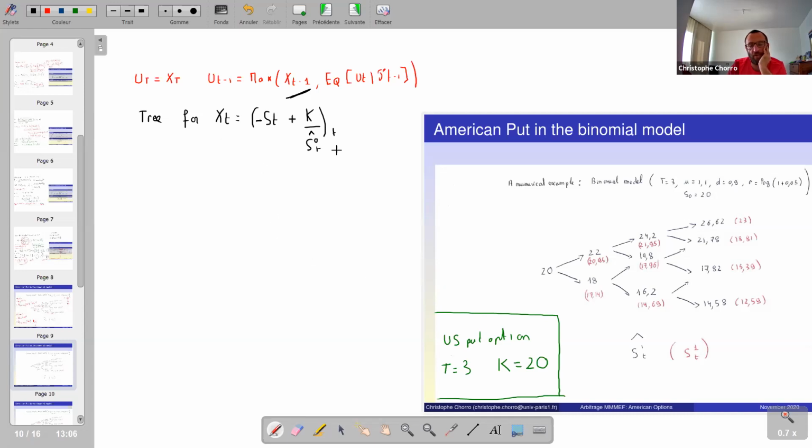So you see that if I want to compute these quantities, I will have to compare them with what I have in red here, that are the actualized values of the risky asset, and compare them to this one.